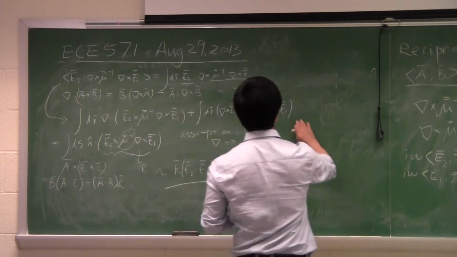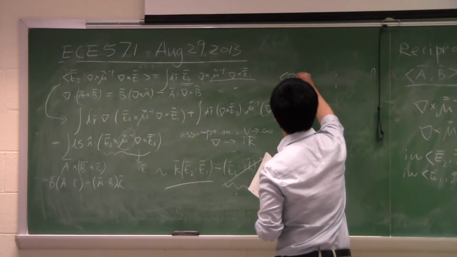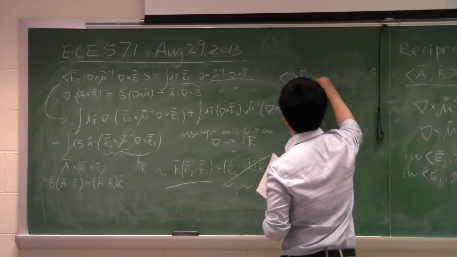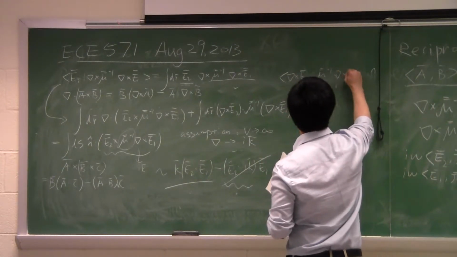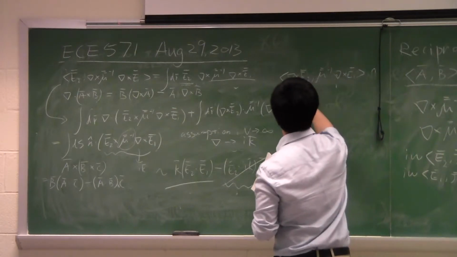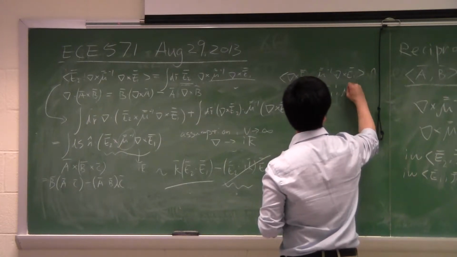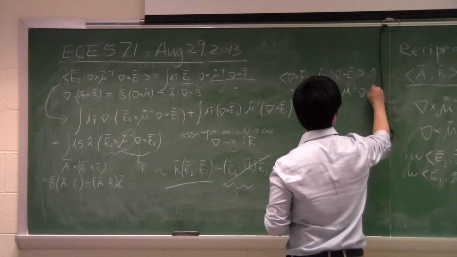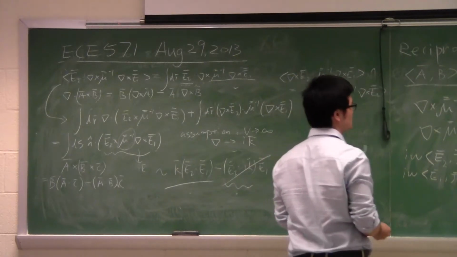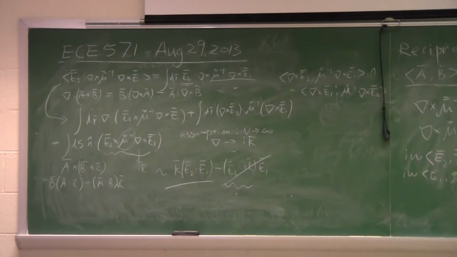So that means this curl of E2, mu, curl of E1 inner product will become the same as itself. So now we have proved these two terms to be the same, given the condition that mu transpose equals itself, symmetric.